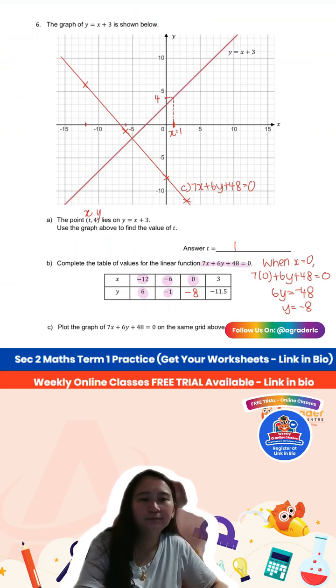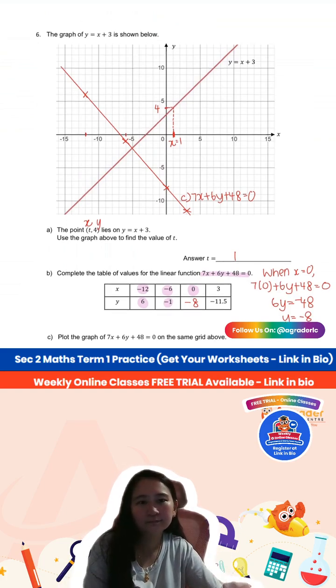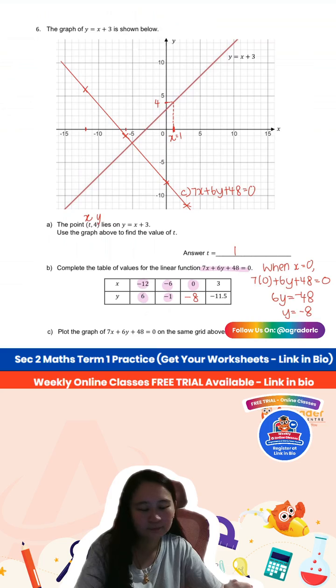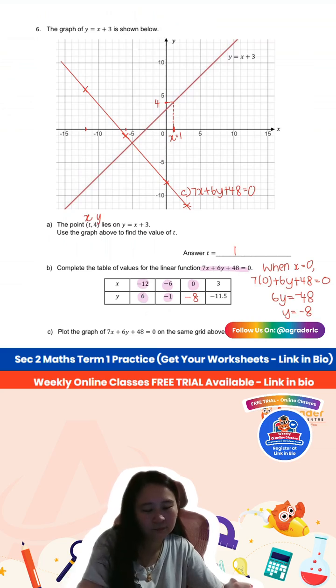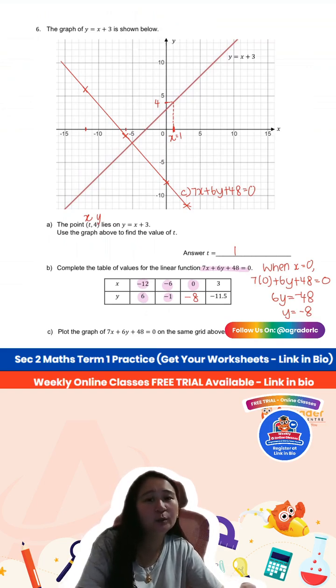And so make sure you plot the points correctly before you draw the straight line. And then try to extend a little bit more on both ends for your graph.